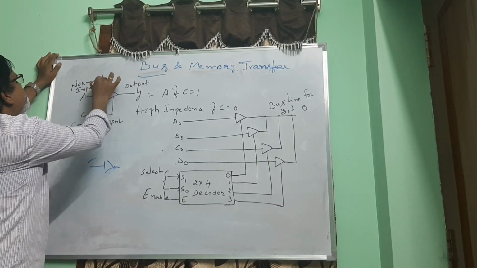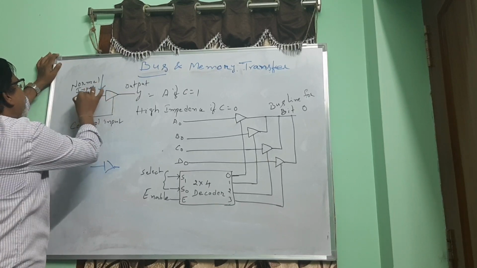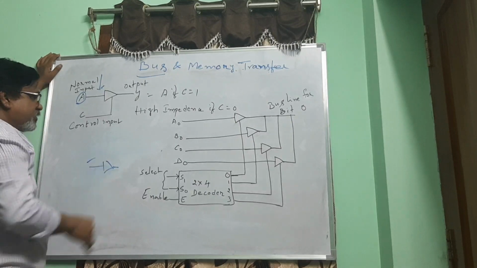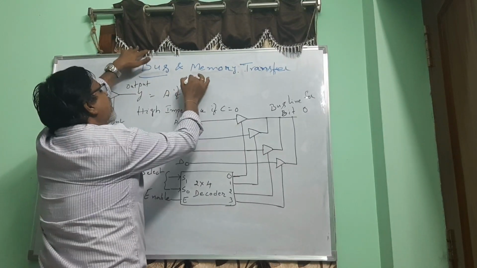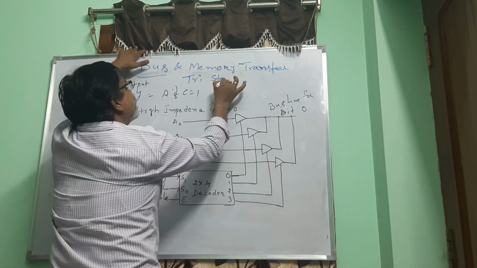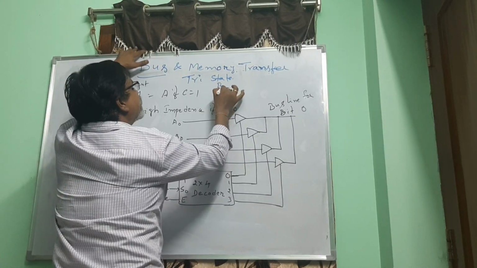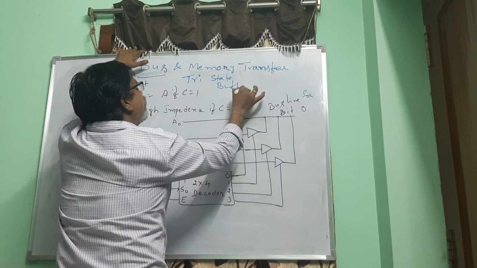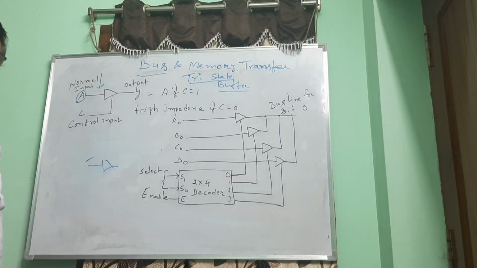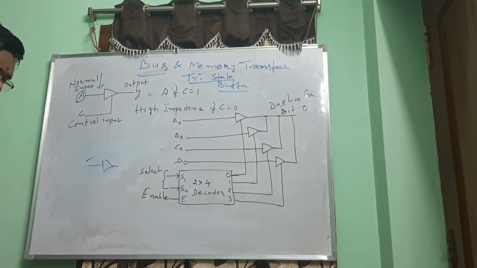Here also there is a normal input A. As I told you, this is the construction of a bus using tri-state buffer. A normal buffer is different than a tri-state buffer.